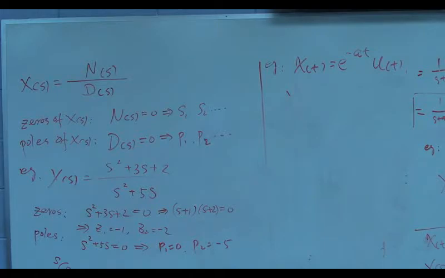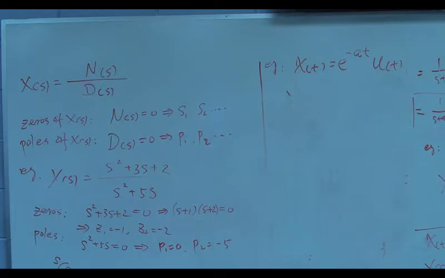What is the zero of this? -1. If you make s equal to -1, is this one equal to 0? Okay, this one has no zero. You cannot choose any s to make this one equal to 0. So this one has no zeros.